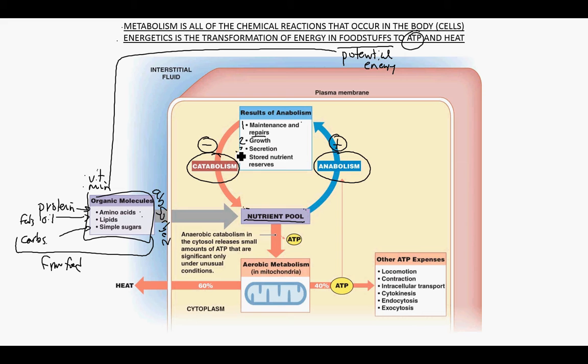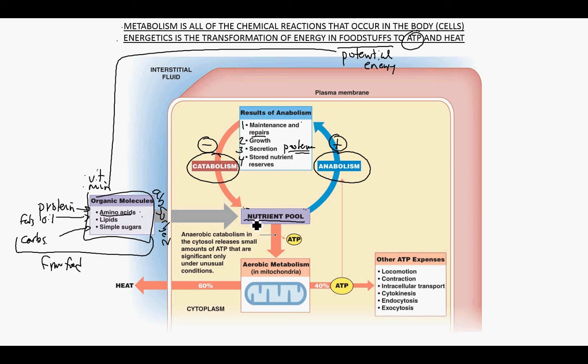Secretions, as you know, are a big thing. So most secretions of the body, of these cells, are of protein base, but it's not the direct protein that came in. Remember that the amino acids are coming in, and those will get put together to make the proteins. Those are the secretions, like hormones that get released, neurotransmitters, etc. And then finally, stored nutrient reserves, right?